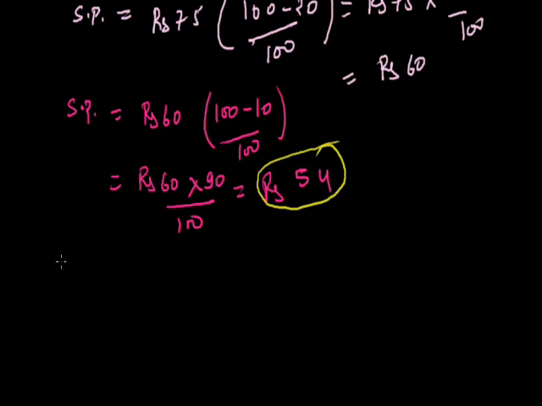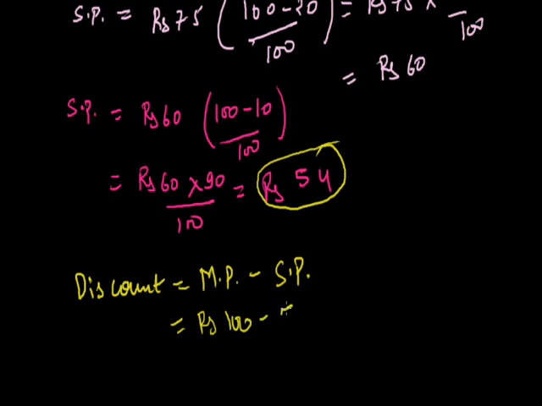Now if we calculate how much discount, or the net discount, was given to the buyer, that will be equal to the marked price minus the selling price. Therefore it will be rupees 100 minus rupees 54, that will be equal to rupees 46.